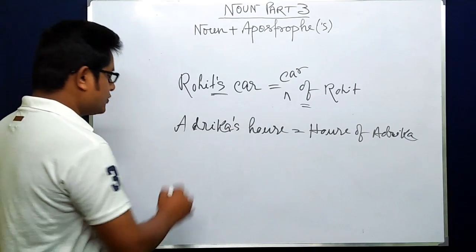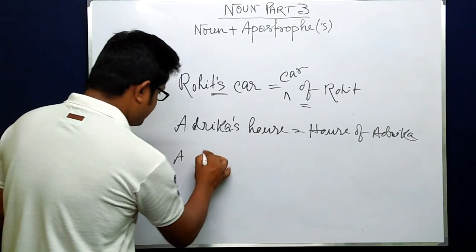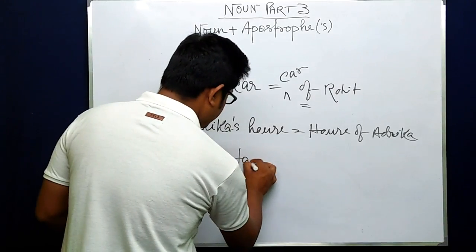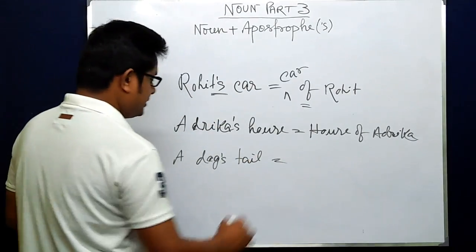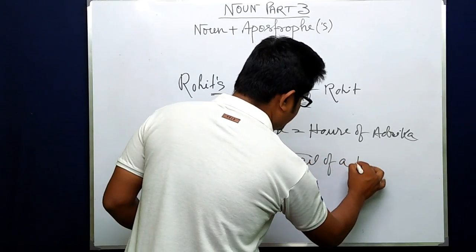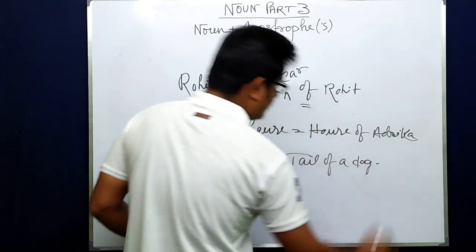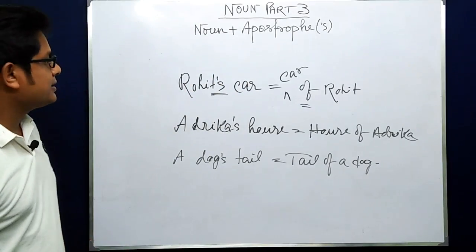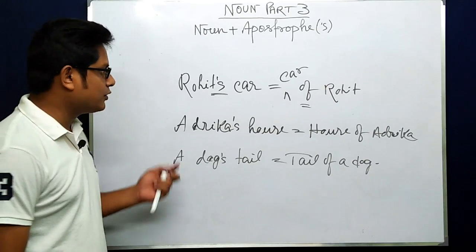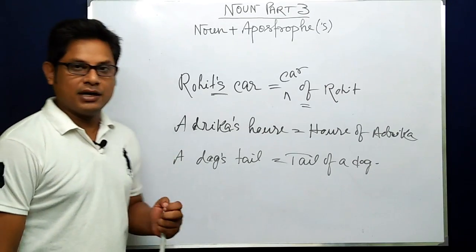If I write a dog's tail, it means tail of a dog. Clear? So you can see apostrophe s means of, it talks about anything regarding the noun.